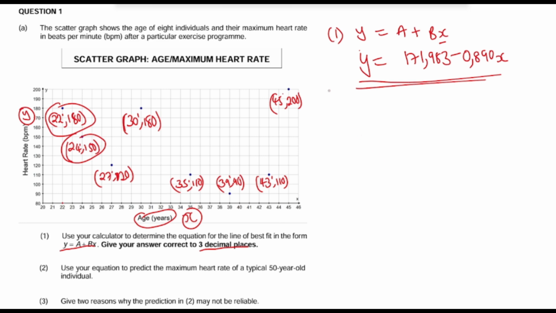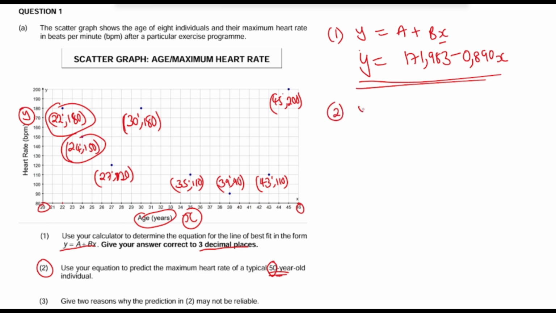Okay, then we have question 2. Use the equation to predict the maximum heart rate of a typical 50-year-old individual. If we check our years here, they start from 20 to 46. Let's check for the 50-year-old. Where there is x, we put 50.